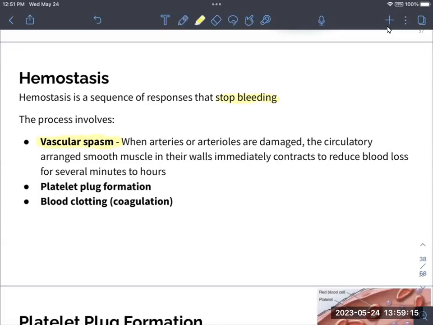When you close off the blood supply to that blood vessel, it's going to reduce the amount of blood that you lose. So this is one way your blood vessels will stop blood loss. We'll look at the platelet plug formation, and then we have a blood clot.